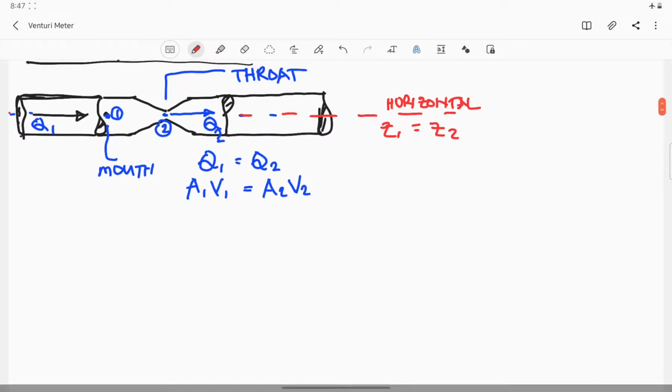So how does the device measure the flow passing through it?